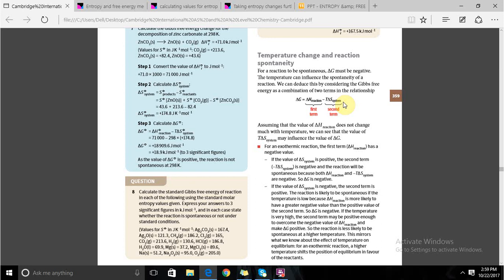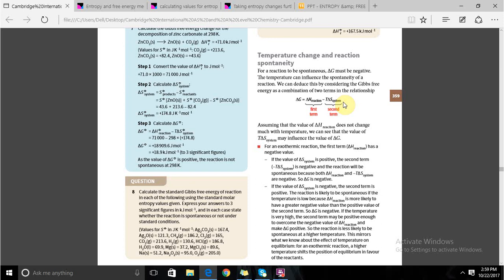So delta G will be negative if the temperature is low. If the temperature is very high, the second term may be positive enough, because again multiplication, to overcome the negative value of the delta H reaction and will make the delta G positive, and therefore the reaction non-spontaneous. Hence, the reaction is less likely to be spontaneous at a higher temperature.